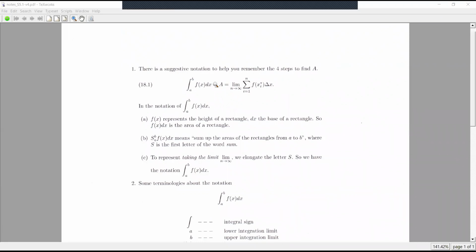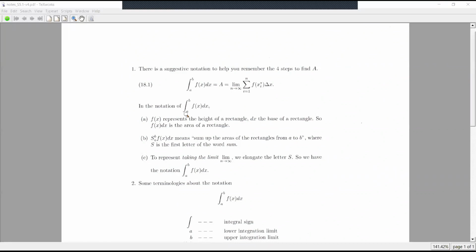Instead of using A, a letter that contains only a little information, A just means area. Instead of using A, we use this notation to denote the area of the region. This notation contains a lot of information.